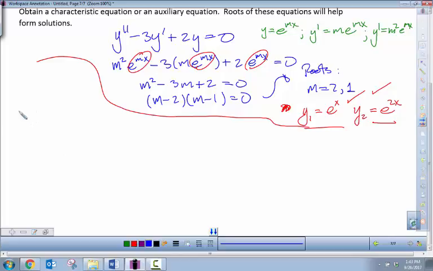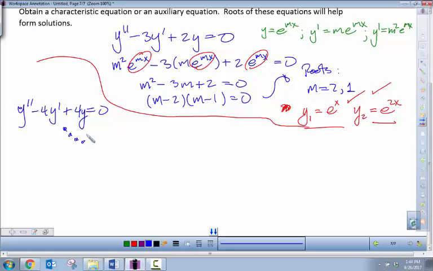What was the first one that we had? y double prime minus 4y prime plus 4y. Okay? So let's jump to the auxiliary equation.